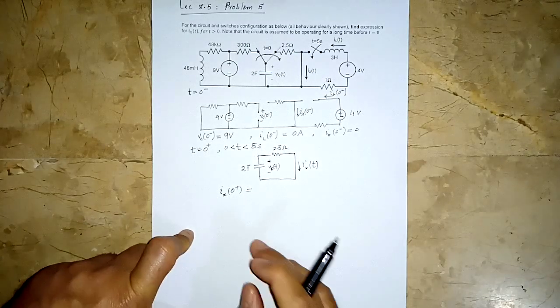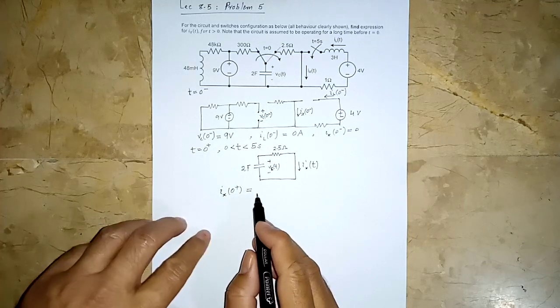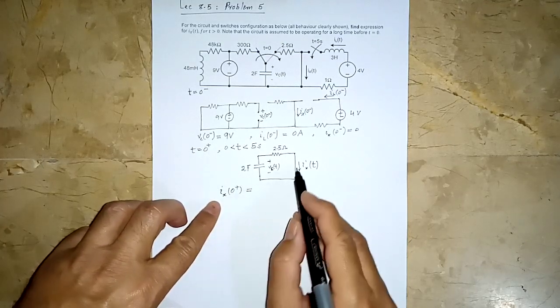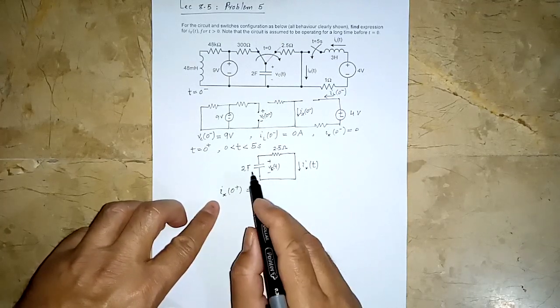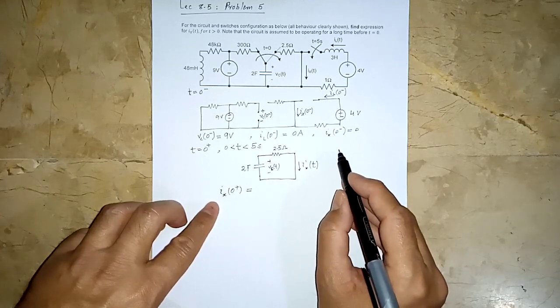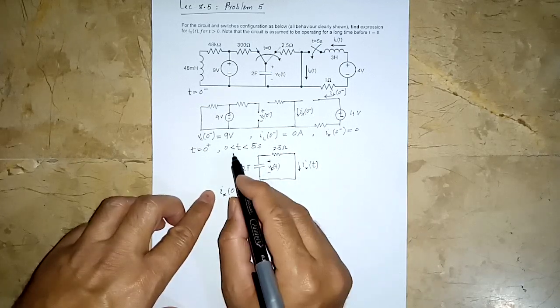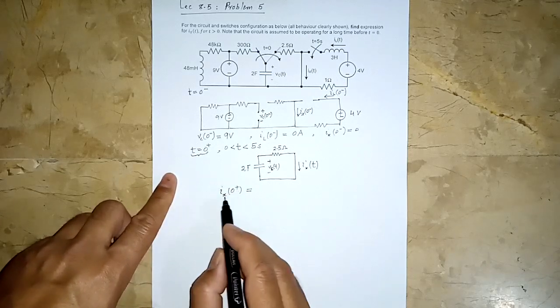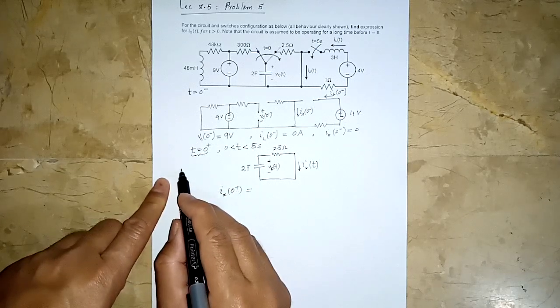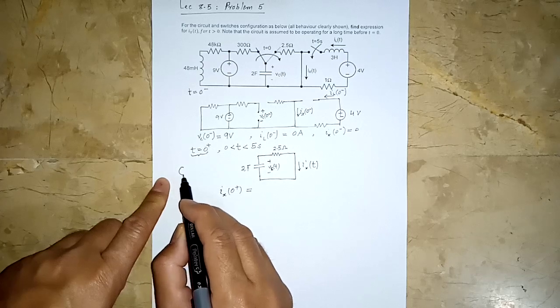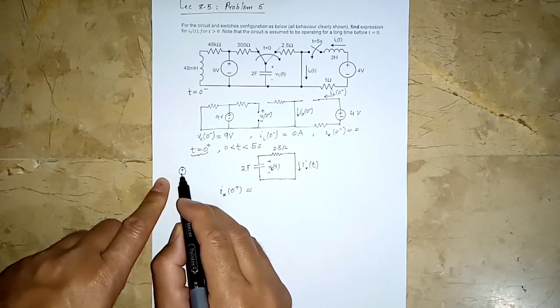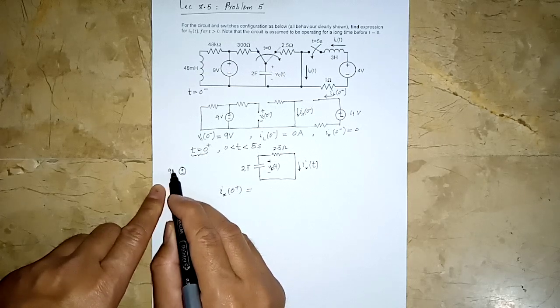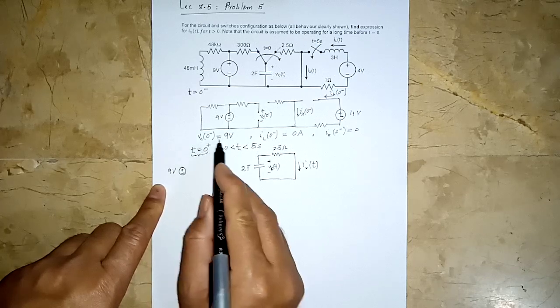Please pay close attention. So what will be Ix at 0 plus at a particular instant? Now this is also very interesting. So this was for this duration, this circuit, but at this instant that we are trying to find, how would the circuit be behaving? This capacitor would be behaving as a voltage source of how much volts? 9 volts. Here we are.